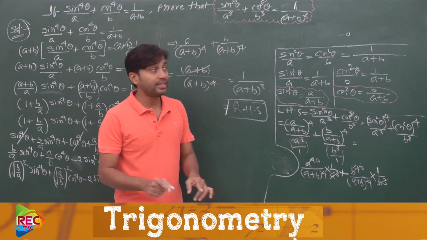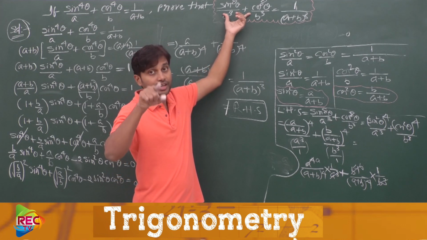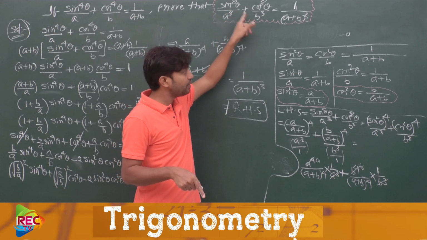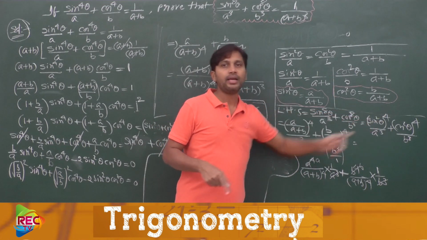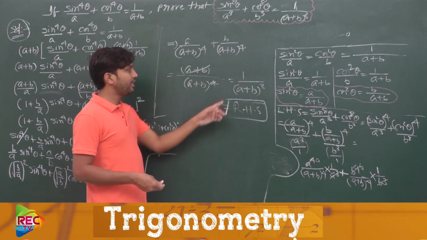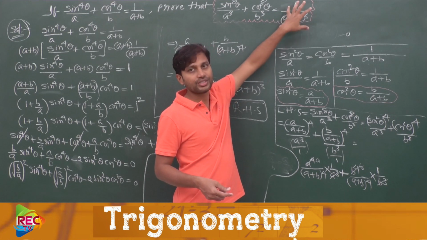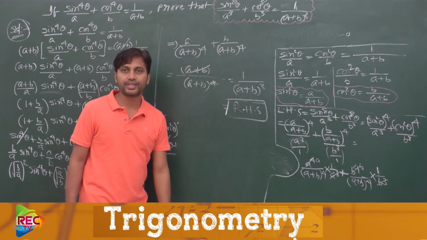Finally, we took the LHS part of the condition which has to be proved, and in place of sin square theta and cos square theta we substituted the values in terms of a and b, and finally we obtained our required RHS, 1 by a plus b whole cube. Like this we can do.